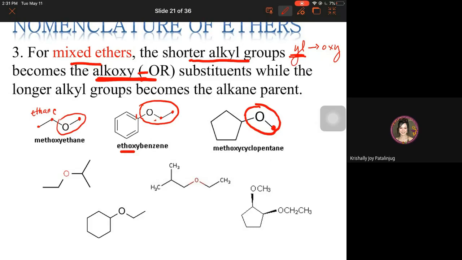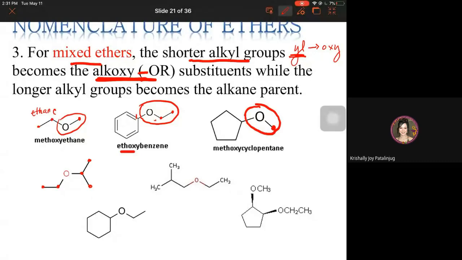What about this one? Which has more carbons? Carbon on the left or on the right side? Very good. So on the right side. If we are looking for the parent chain, terminal to terminal, you count the carbons.